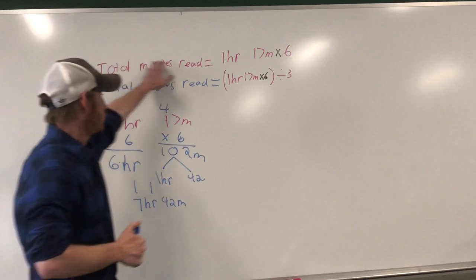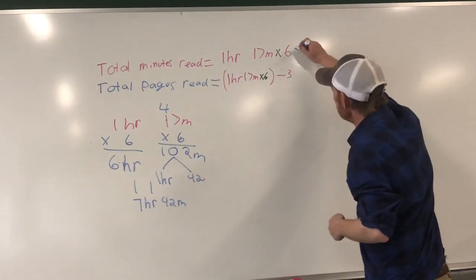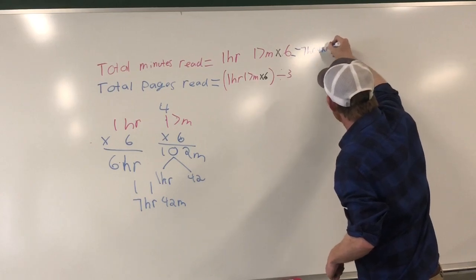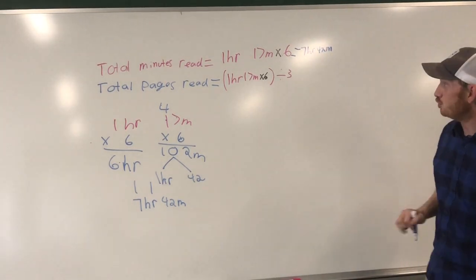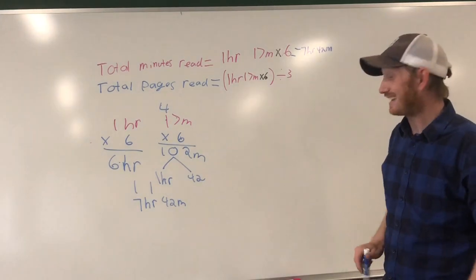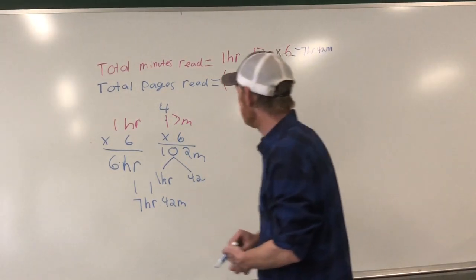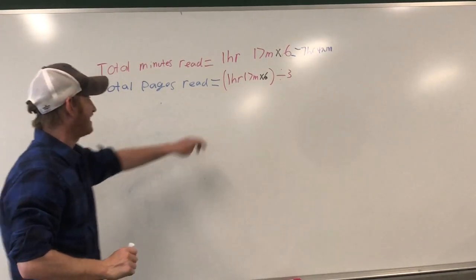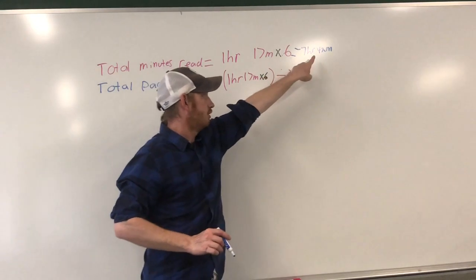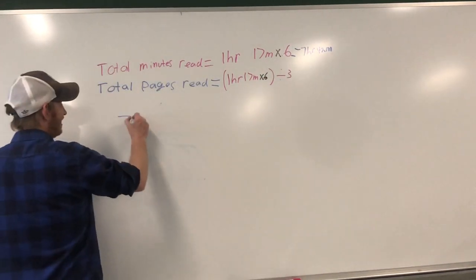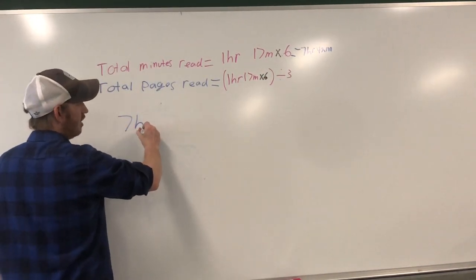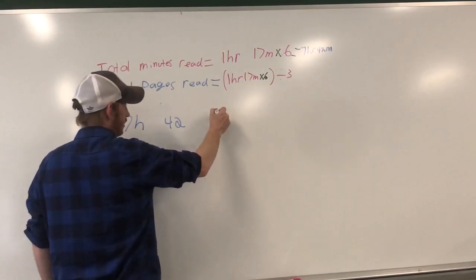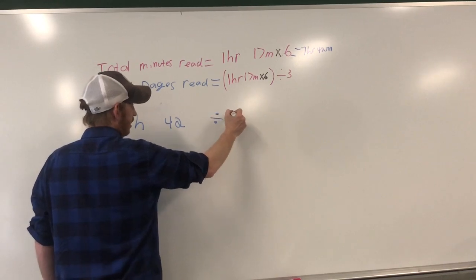So now I have an answer to my total minutes read, and it was 7 hours and 42 minutes. I can now use that to solve my second step. The first step is all done. For the second step, we need to take our answer, 7 hours and 42 minutes, and we need to divide that by 3.